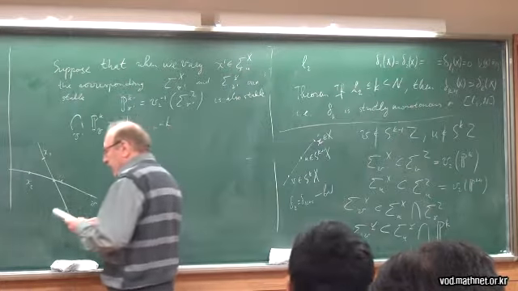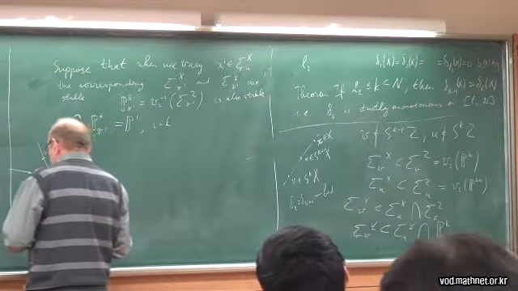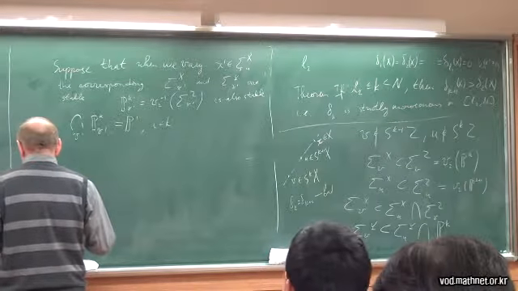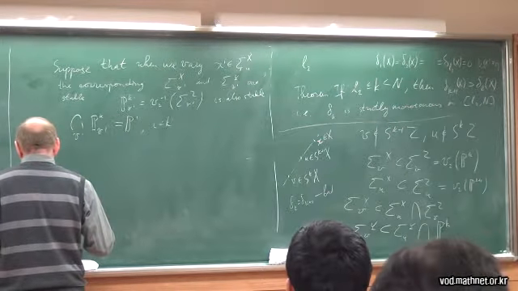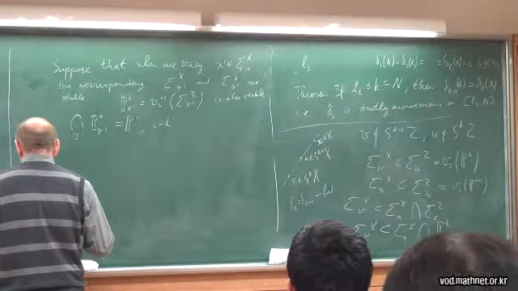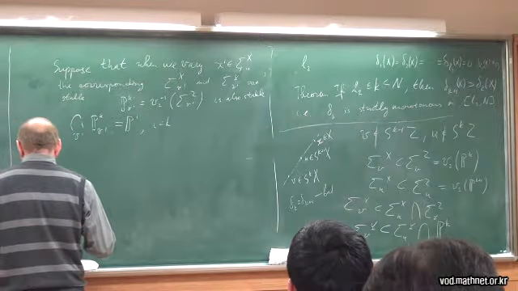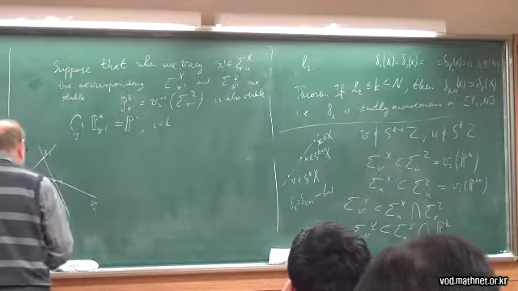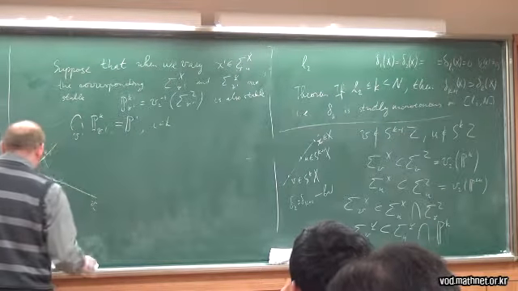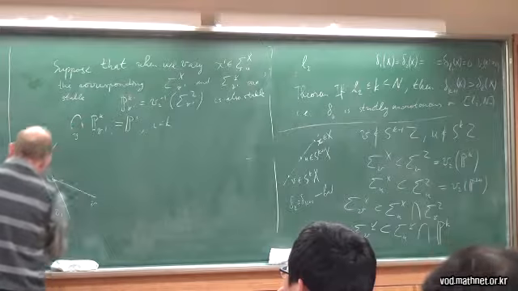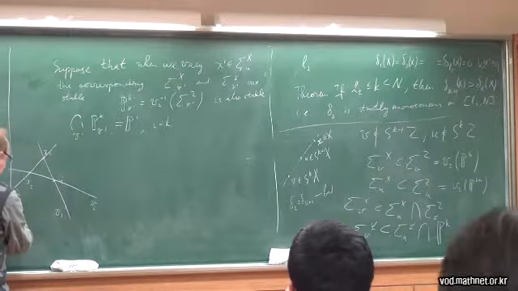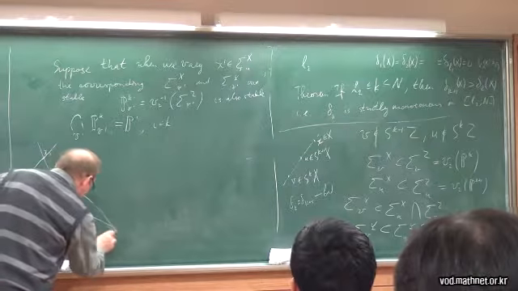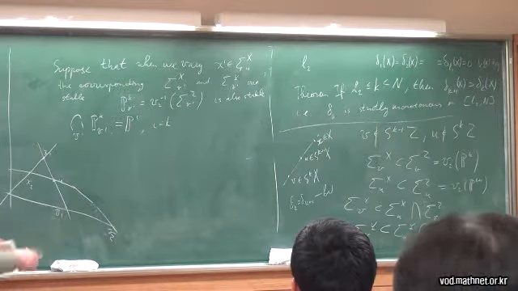So now we consider the intersection point of these two lines, x1, x2, and v1, v2. Not a very good drawing, it should be a line.